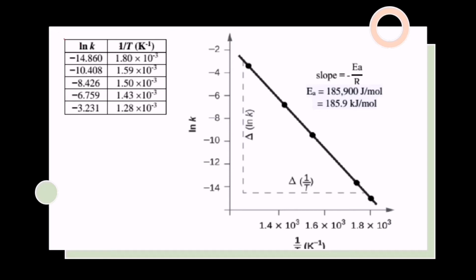So the y-axis is ln k, the x-axis is 1/T. So after you plot this graph, you will get a negative straight line graph with negative gradient. From the equation, ln k equals negative Ea over R times 1/T plus ln A.